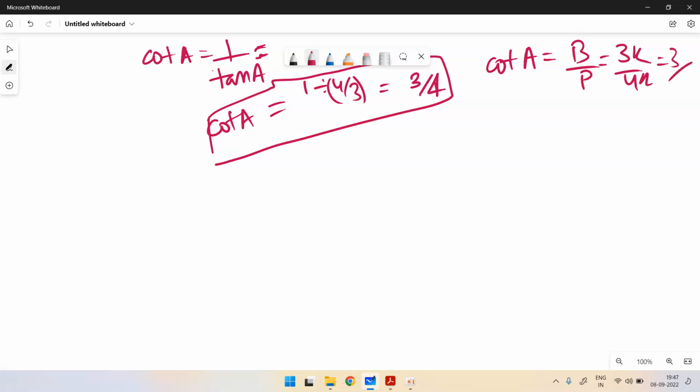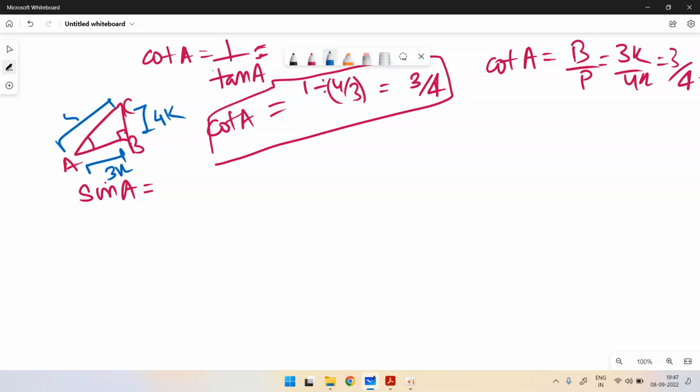Now the other ratio, sine of A. My triangle was like this: this is A, this is B, this is C, this is 90 degrees, and this I have calculated as 4k, this is 3k, and this comes out to be 5k.